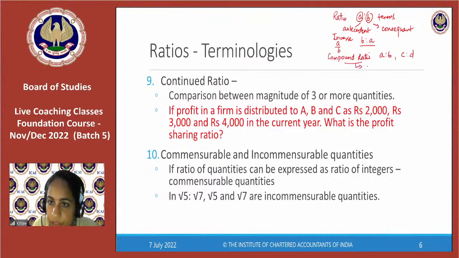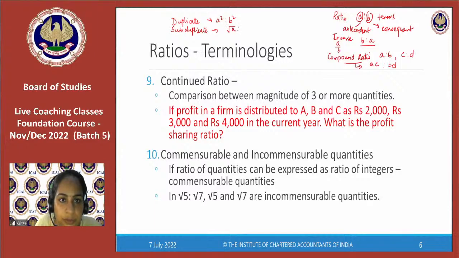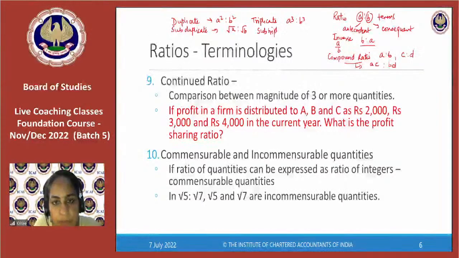The compound ratio will be product of antecedents is to product of consequents. Then we talked about duplicate ratio, which is the square of the ratio. Subduplicate ratio is the square root of the ratio or the individual terms. Triplicate ratio is the cube of the ratios, and subtriplicate ratios are the cube roots.